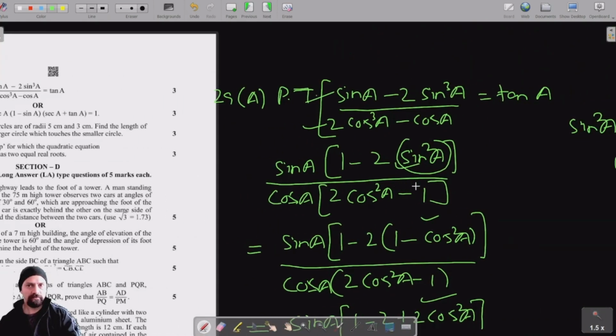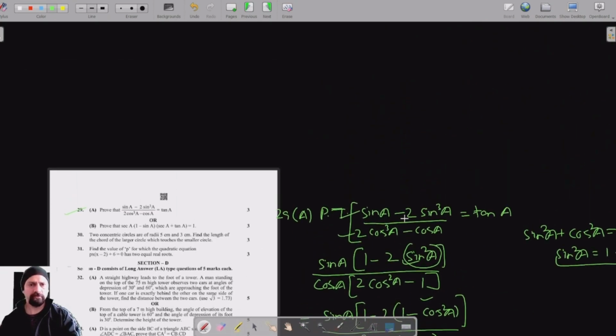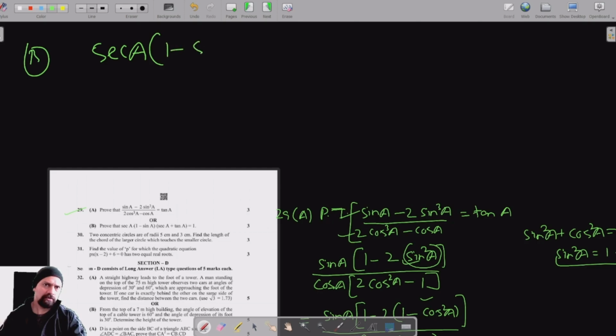Okay, let's move on to part B, where we have to prove that secant A into (1 minus sin A) into (secant A plus tan A) is equal to 1. Let's consider this.